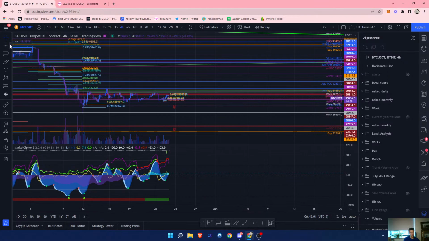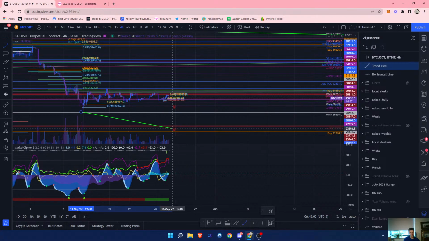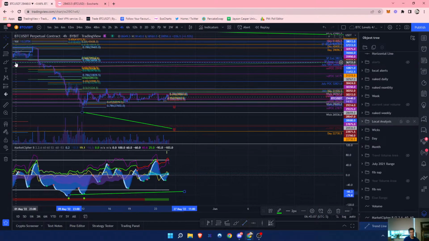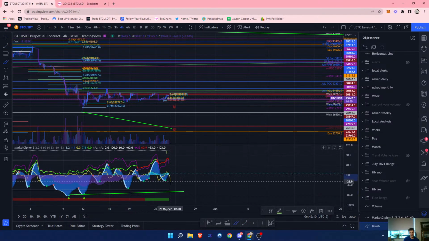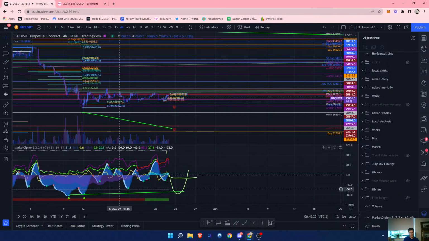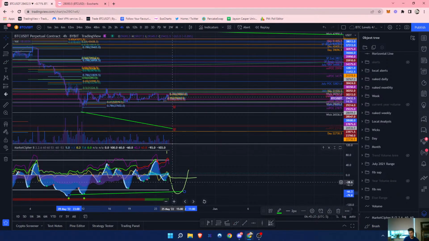So this would be kind of a drop down like that. And then we'll have momentum wave just kind of coming up like that, where we may get a possibility of another kind of anchor wave, and then money flow just kind of coming down into the negative, but really just not as thick as right here. But nevertheless, it's a pretty good divergence.